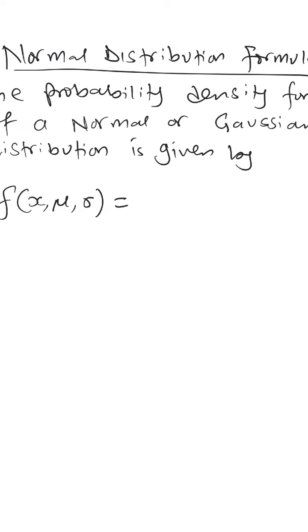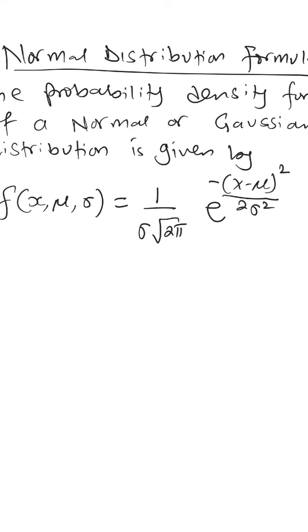It's defined as 1 over sigma times the square root of 2 pi, then the exponential to the power minus (x minus mu) squared divided by 2 sigma squared.